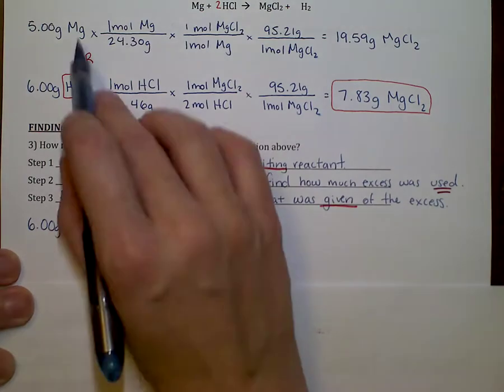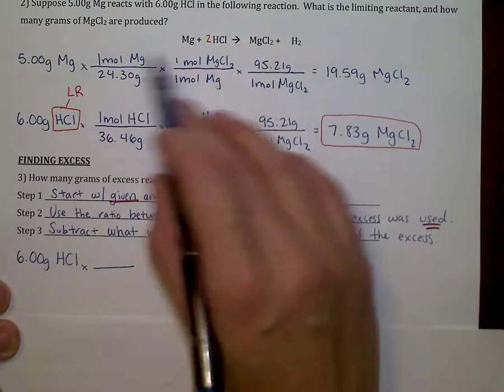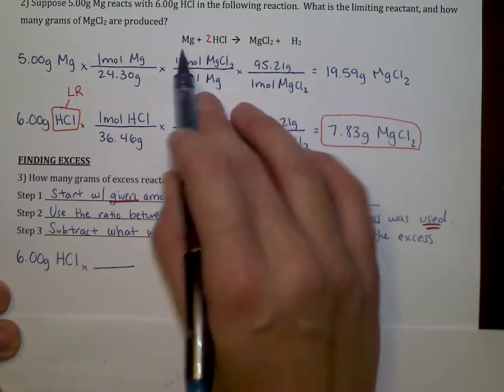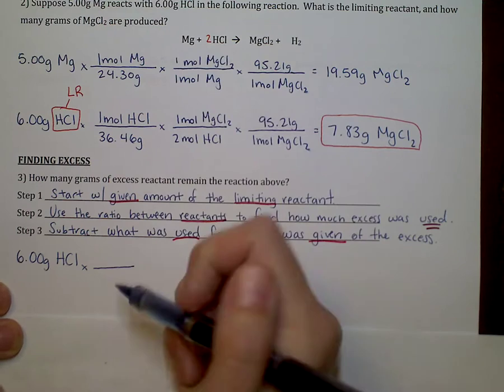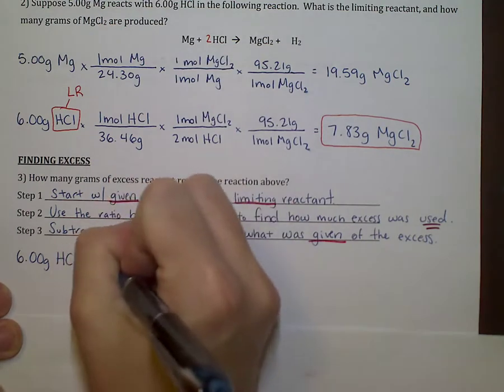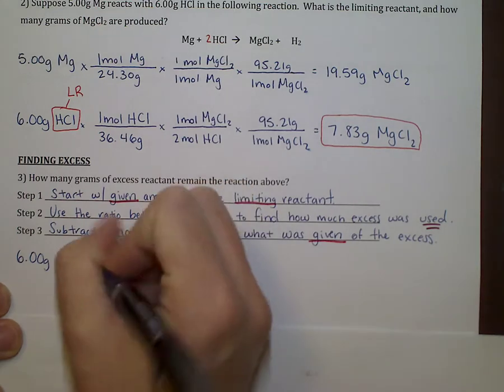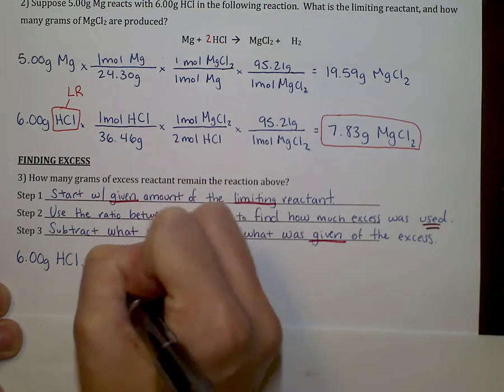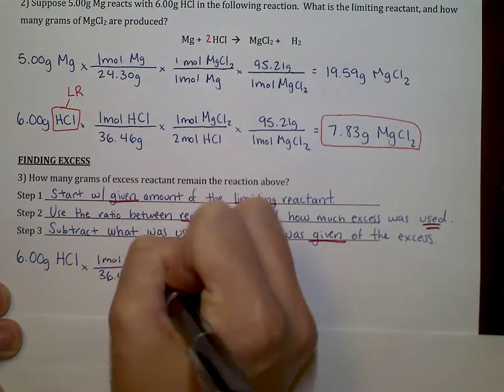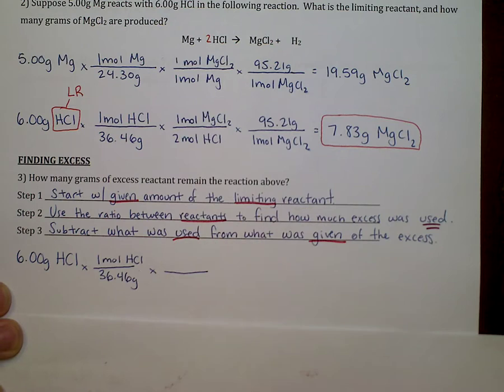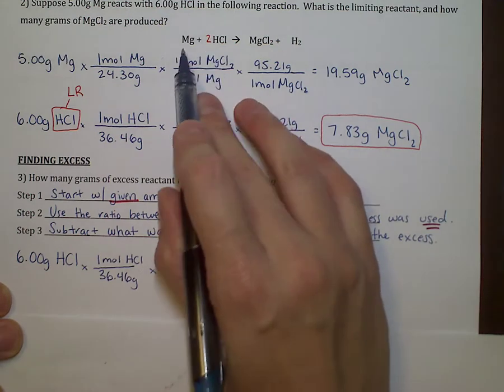So we're going to be using the ratio between these two things in our balanced equation. So taking a look, it's a 2-to-1 ratio. But before we can use the ratio, we have to get into moles. So using our molar mass, 1 mole of HCl is 36.46 grams. Again, now we're going to use the ratio between the two reactants. So this is a 2-to-1 ratio.